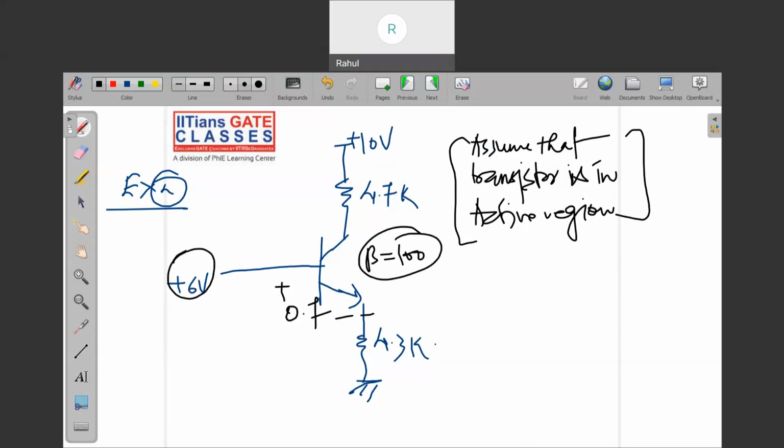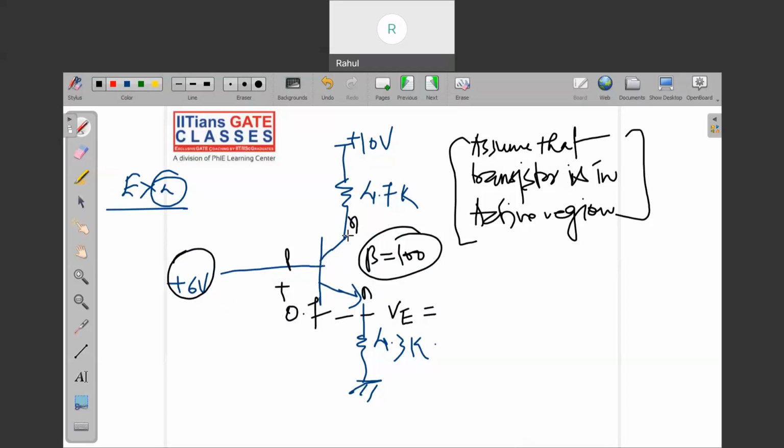So how can you compute VE? Simple trick I have told you: if you're walking from plus to minus and coming down, because this polarity you can't change as far as this is an NPN transistor, this is a very important observation. You will not need to remember the formulas, because in different subjects you already need to carry many formulas.